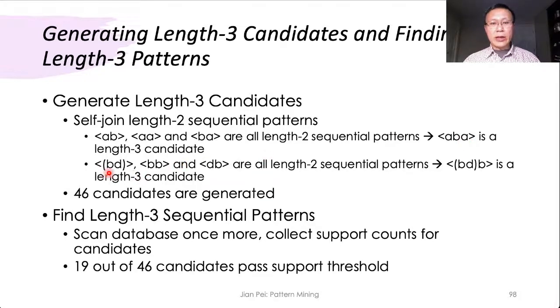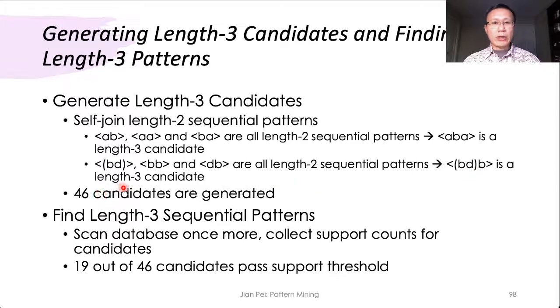Similarly, we can use (BD) together in an element, BB, and DB, which are length 2 sequential patterns, to generate one length 3 candidate, which is (BD)B.